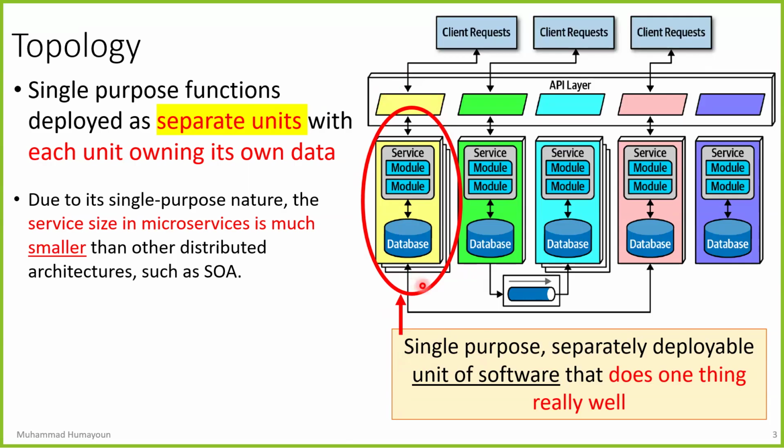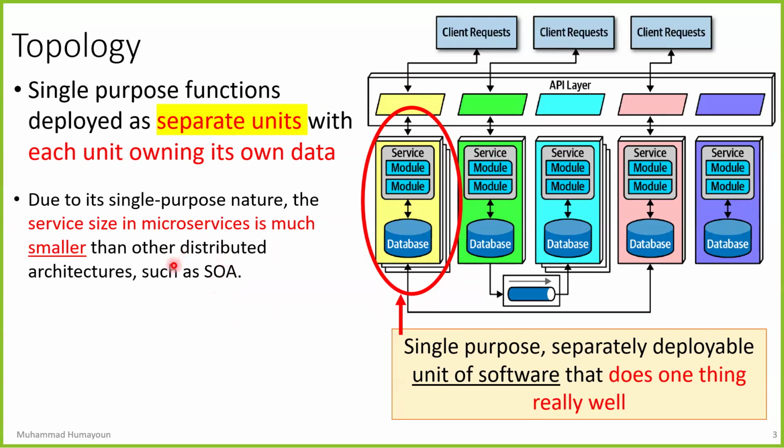So due to its single purpose nature, the service size in microservices can be much smaller because it only performs one function, as opposed to the services or components we had in service-oriented architecture.